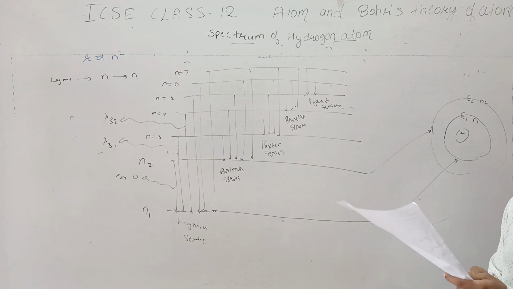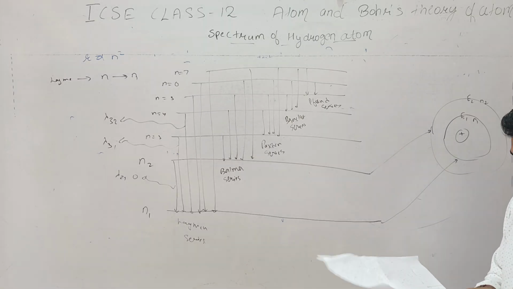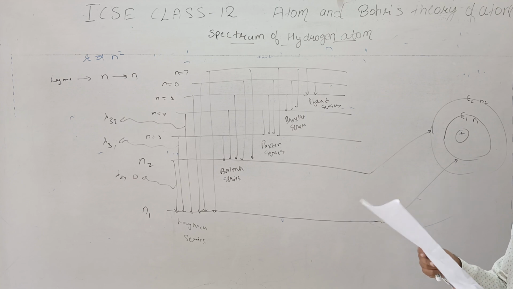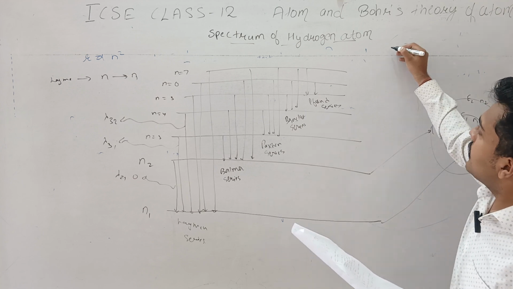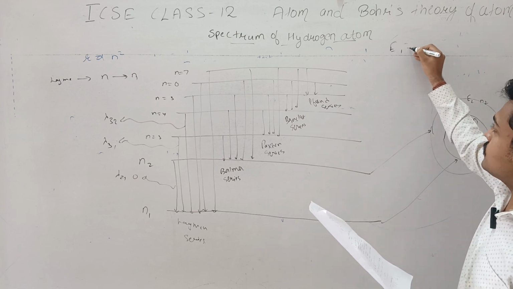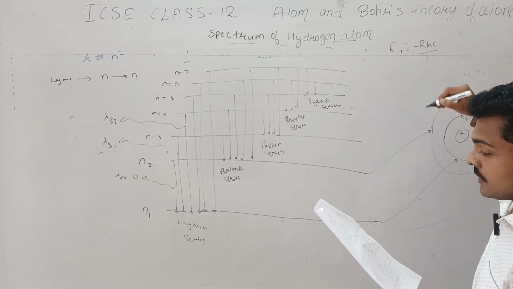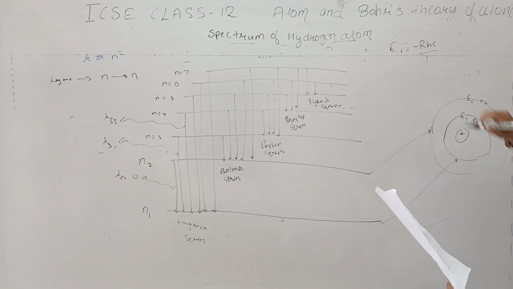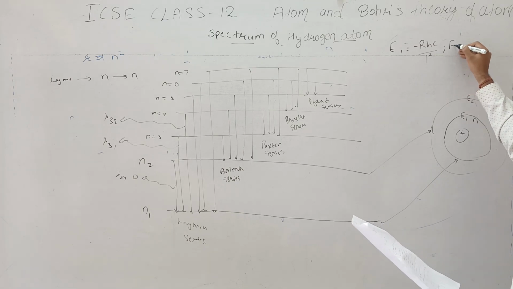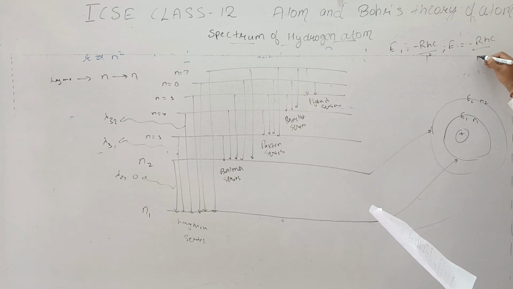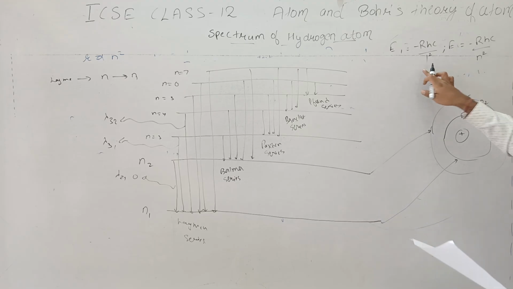Here, the energy is as we have studied. For the hydrogen atom, E1 is equal to minus RHC upon 1 squared. E2 is equal to minus RHC upon n squared. So these are the energies.